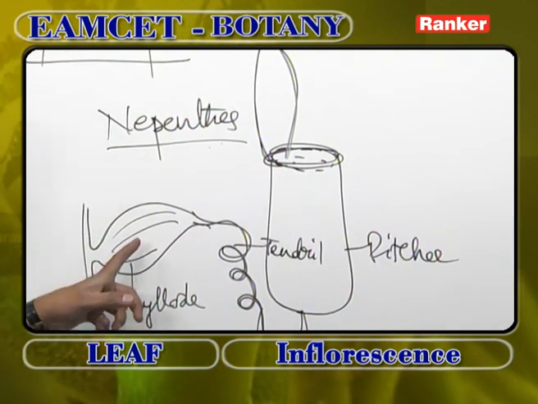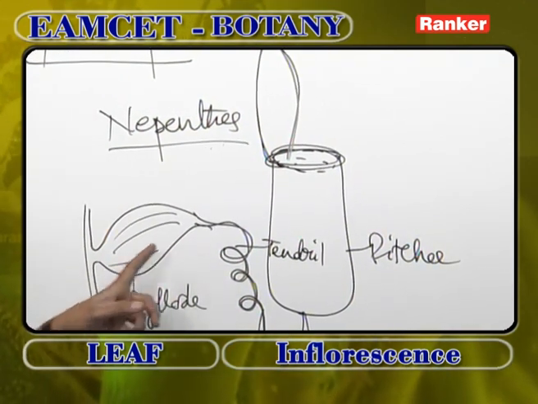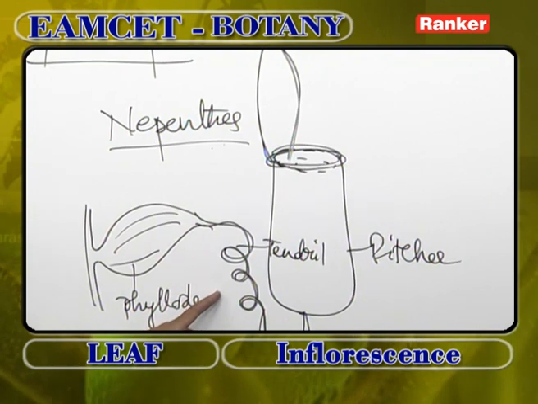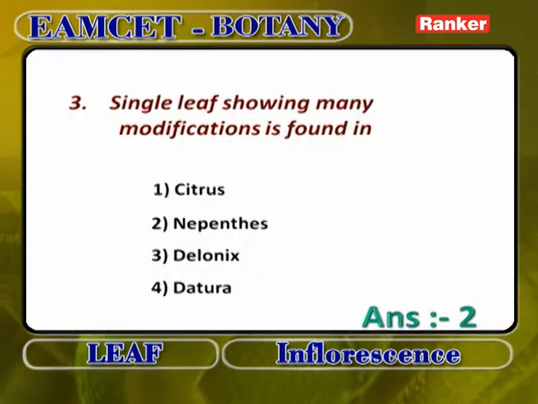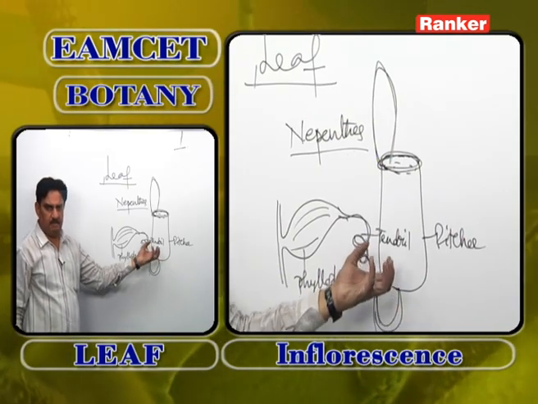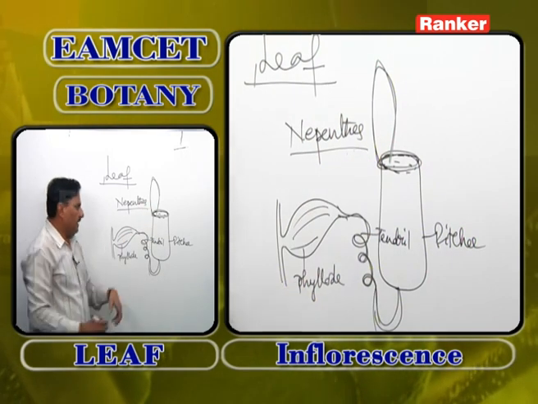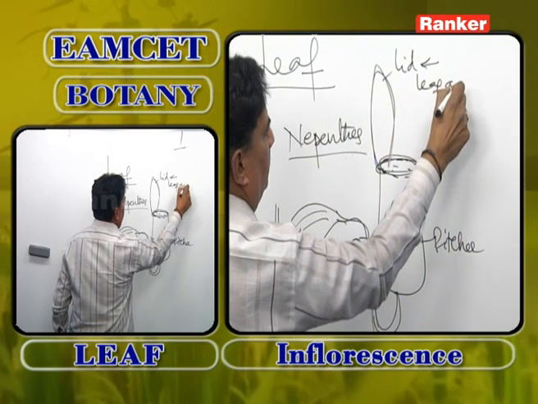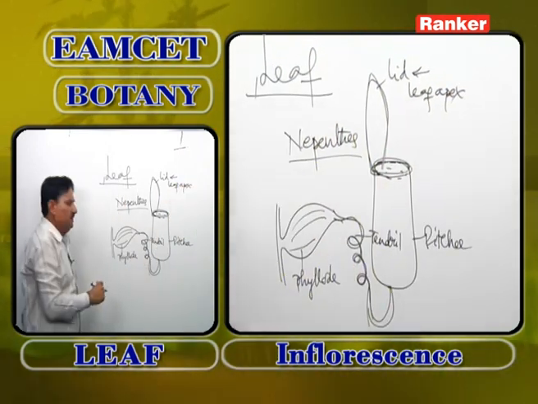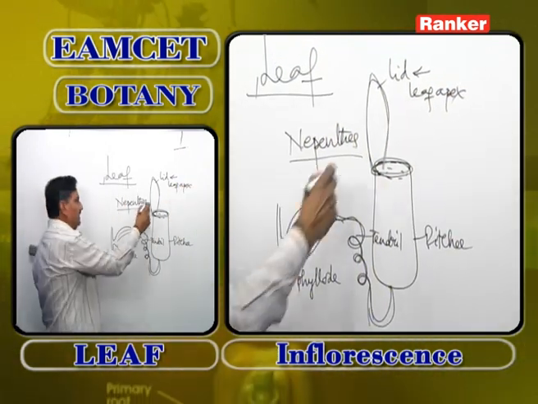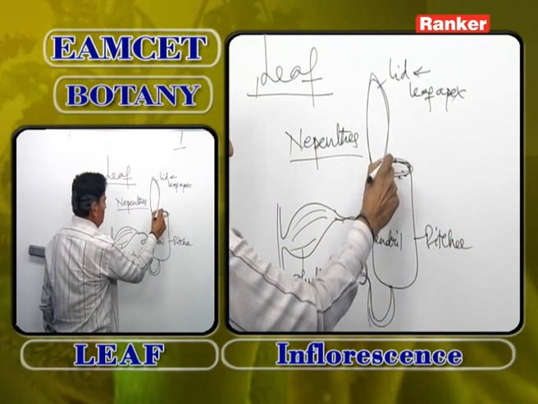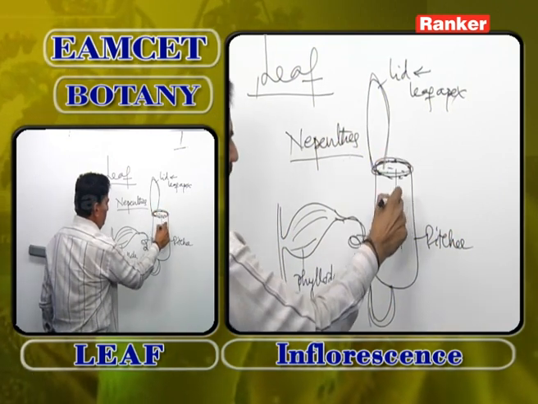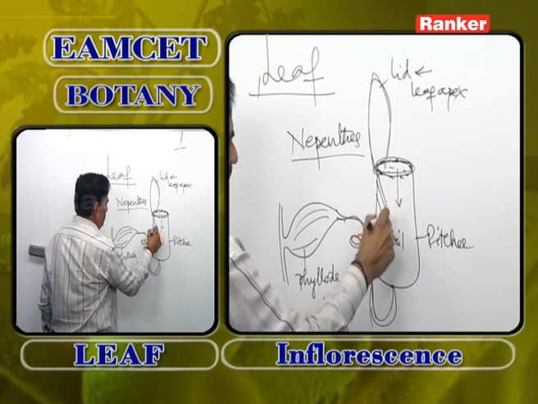So, the lower part of the petiole has become phylloid, the upper part of the petiole has become tendril. The total leaf lamina is modified into a cup-like structure called pitcher. The lid has come from the leaf apex. The lid attracts the insects. Insect comes and sits on this. Because it is slippery, they fall into it.